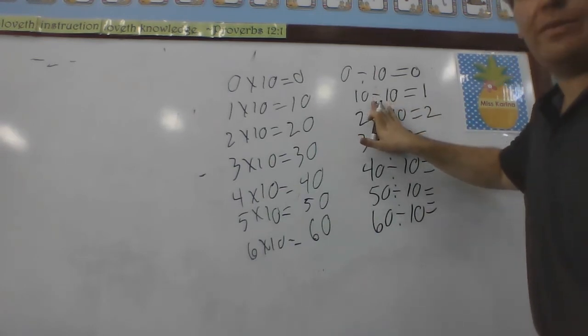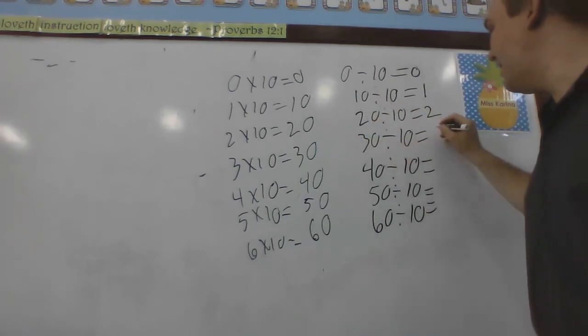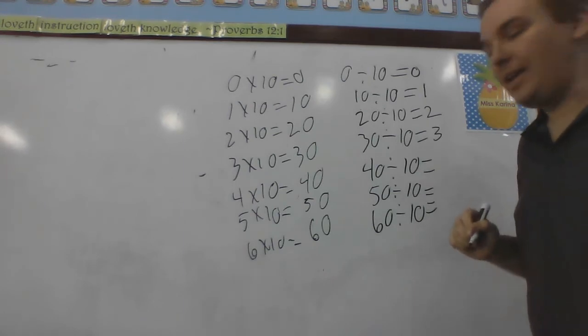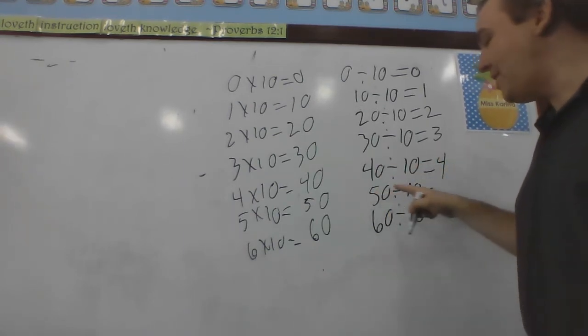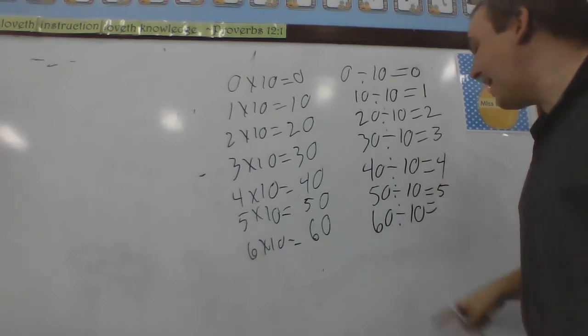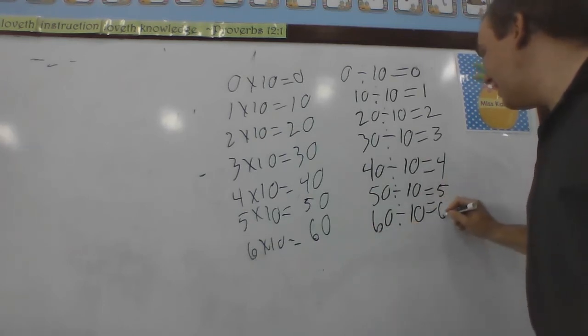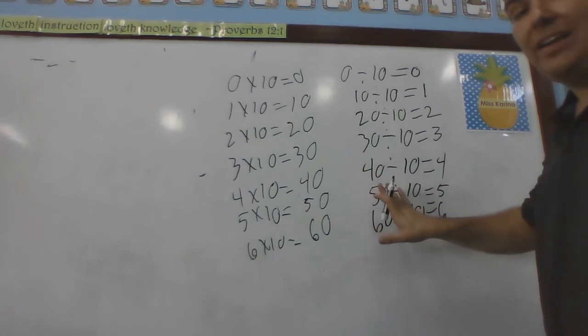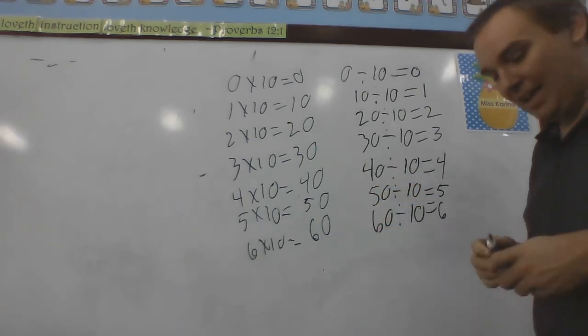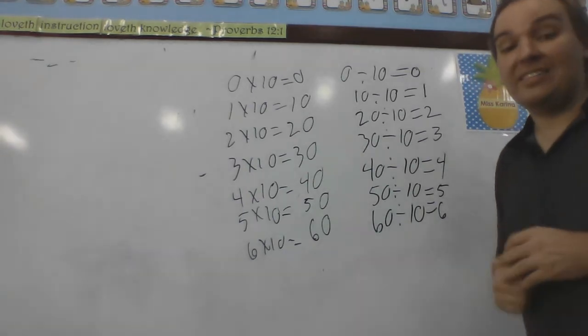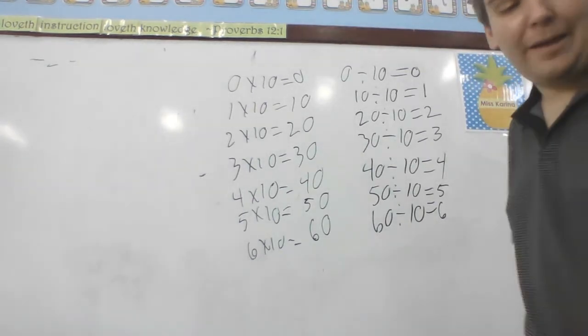I'm just getting rid of that 0 there. 30 divided by 10 is 3. 40 divided by 10 is 4. 50 divided by 10 is 5. 60 divided by 10 is 6. I'm just getting rid of that 0 there. That's all I'm doing. Okay, do you see how that works? It's not that hard. Okay?